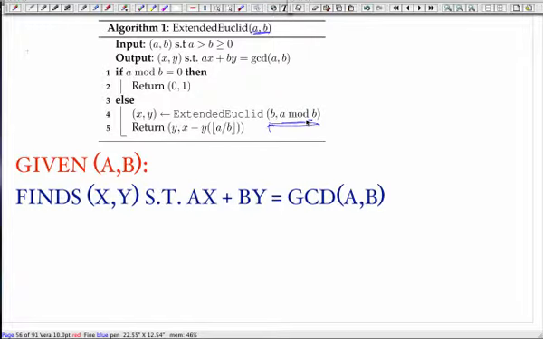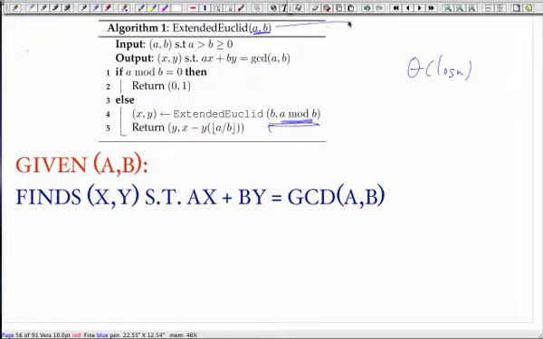It runs in log n time because it's one of those divide and conquers, because at every step, one number becomes smaller than the other number. In every 2 steps, essentially the numbers divide by a factor of 2. Question?